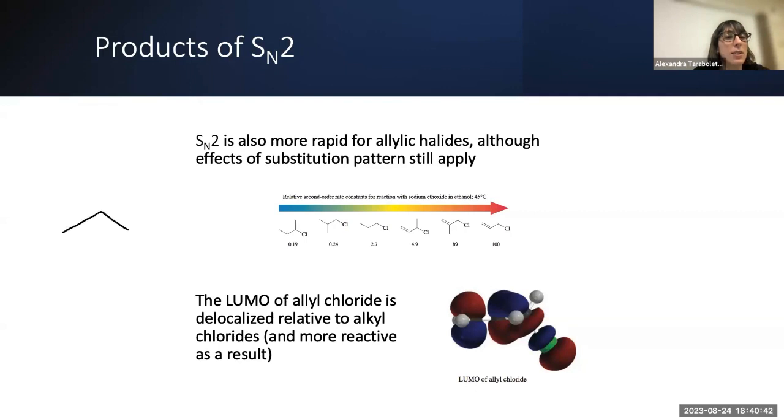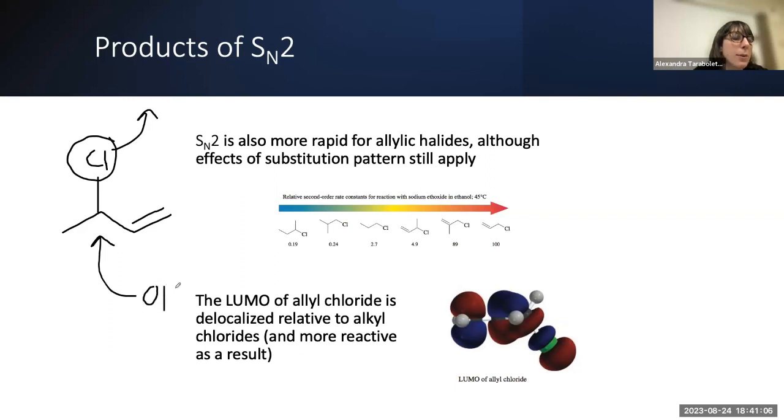You're going to do a substitution reaction on this molecule, so we're going to get rid of this chlorine and bring in a new group. Let's just say, for the sake of an example, I'm bringing in an OH group.